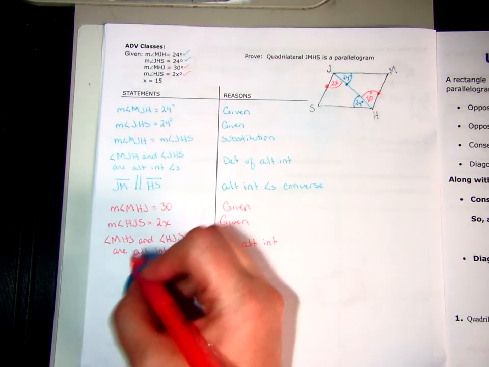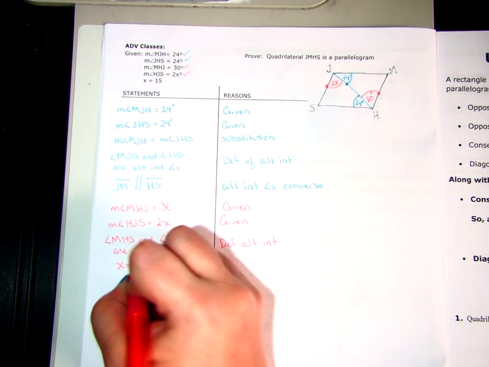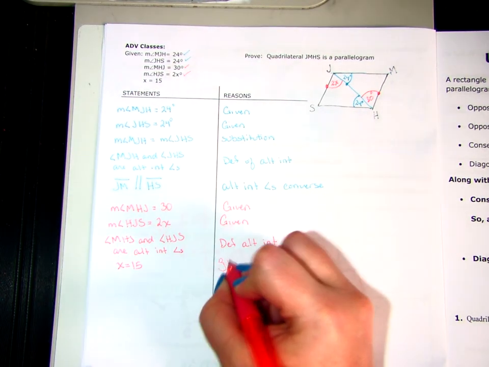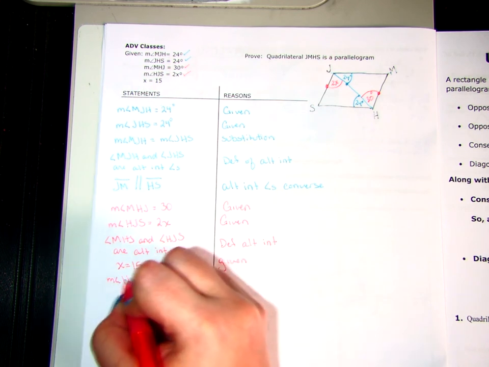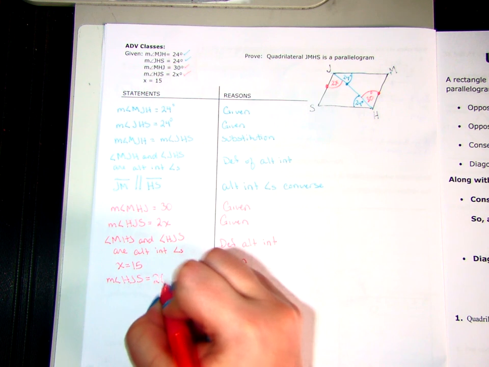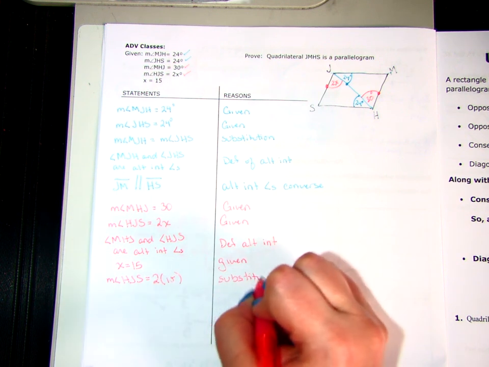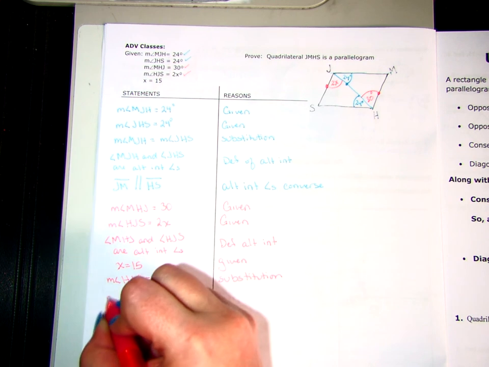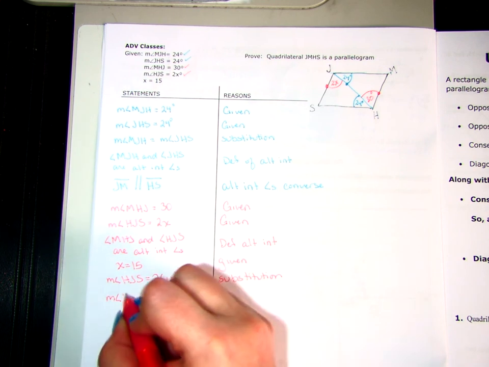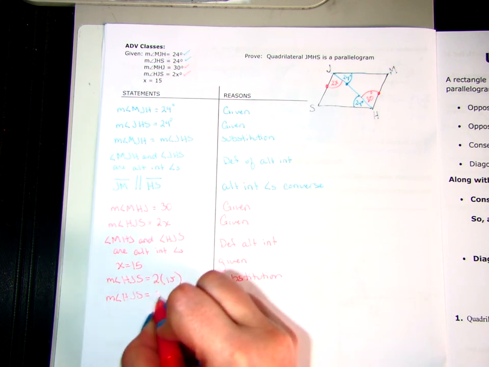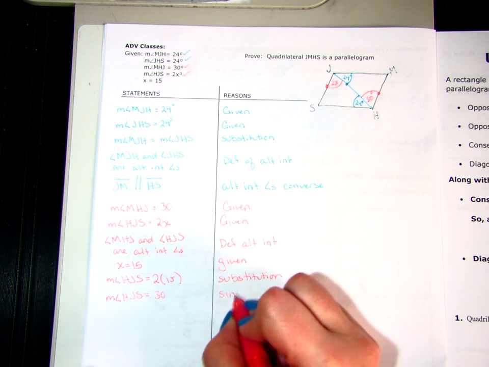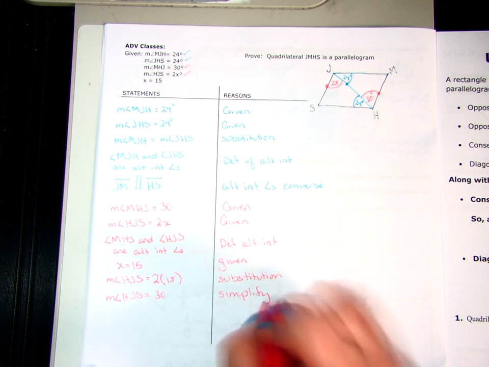The last given is x equals 15. What can I do with that? I can substitute it in right here for the measure of angle HJS. And then I can simplify 2 times 15 to see that that is 30.